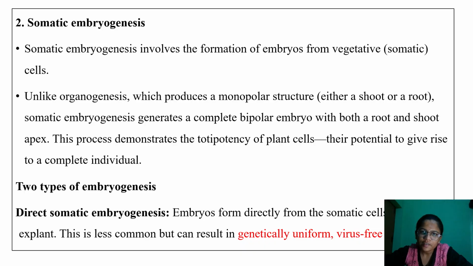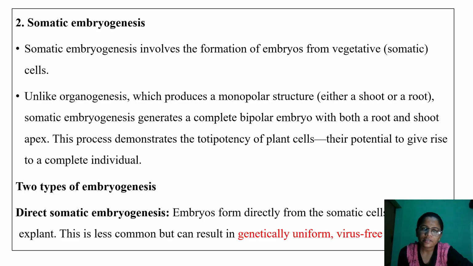Somatic embryogenesis is similar, but organogenesis produces monopolar structures like shoot or root, whereas somatic embryogenesis produces a complete bipolar embryo with root, shoot, and apex. That is one main difference.